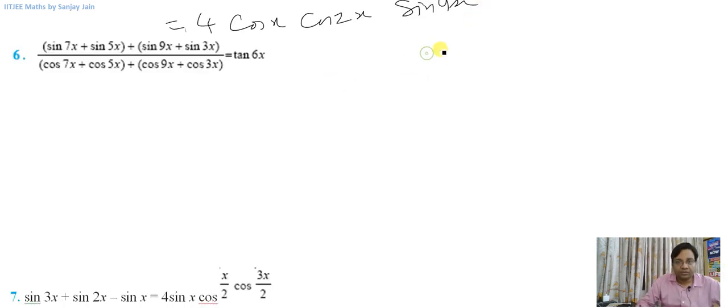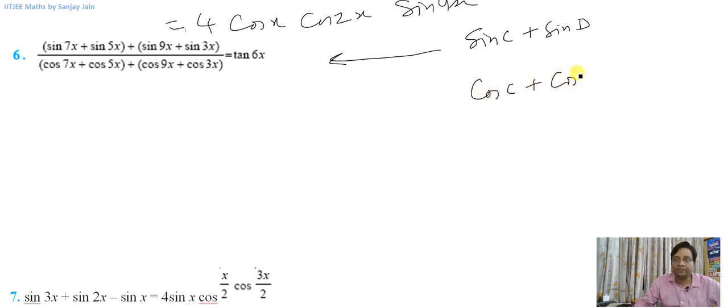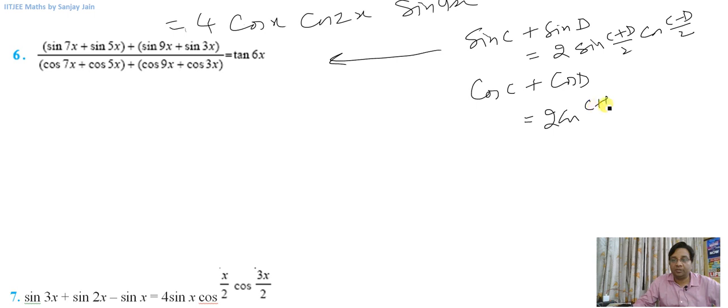Now, this looks like a cumbersome question, but it is just an application of sin c plus sin d, and what else, cos c plus cos d. Both these formulae are very well known to us. The first formula will give you 2 sin (c plus d)/2 cos (c minus d)/2, and the second formula is 2 cos (c plus d)/2 cos (c minus d)/2.